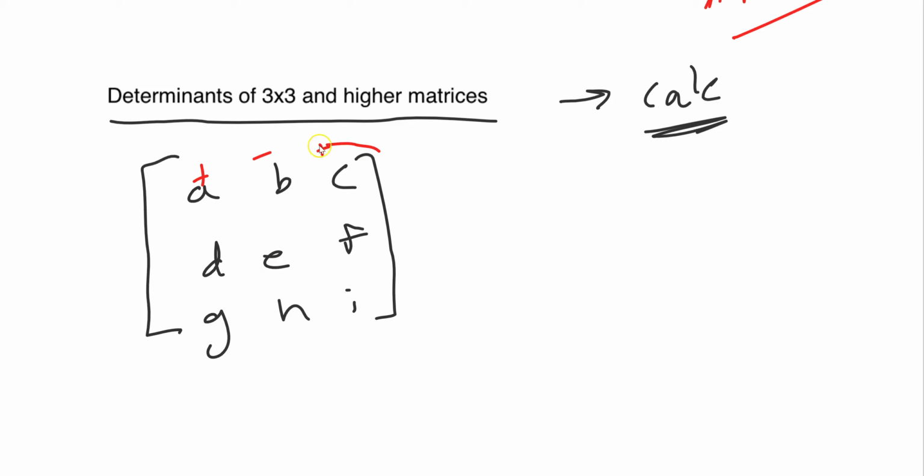You pick a row or a column, anything you want actually, and you expand on it. In this case, let's say I picked the top row, and let's say I picked A. You cancel out that column and that row. What's left over is a small 2 by 2, so you have A times that 2 by 2.